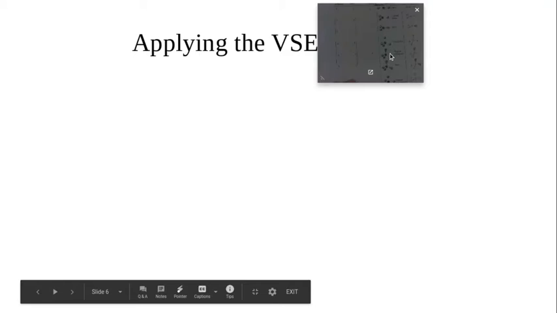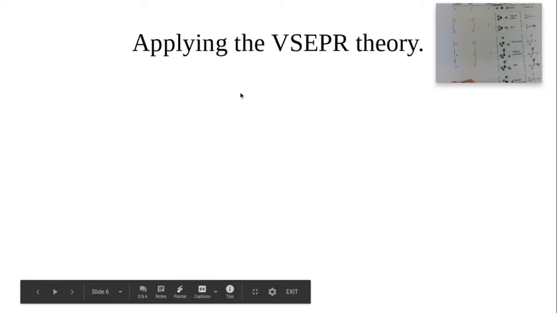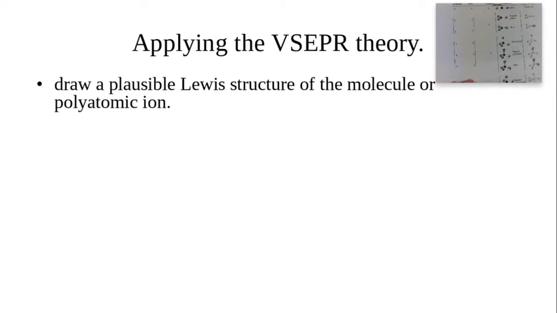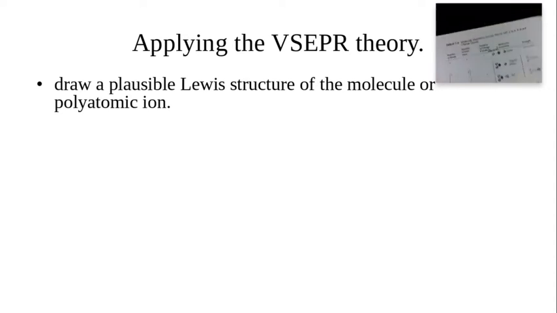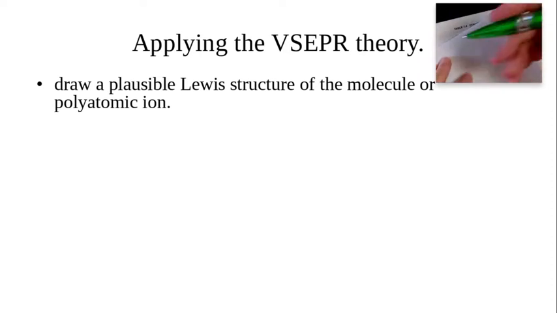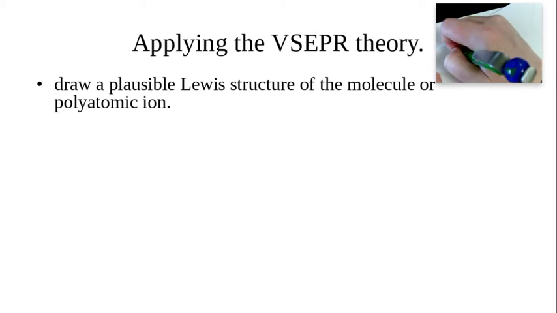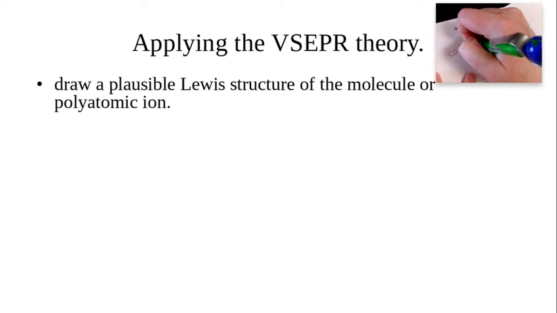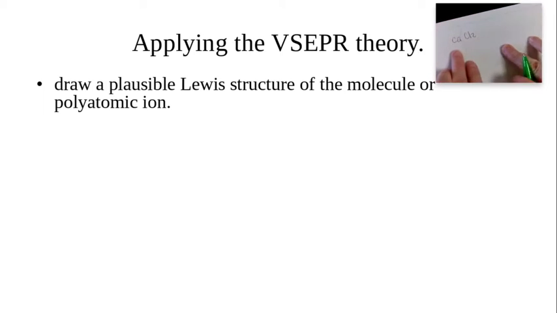So I'm going to walk you through the steps I do to answer these molecular geometry questions. The first thing I do is draw the Lewis dot structure. So for example, say I have calcium chloride, CaCl2.